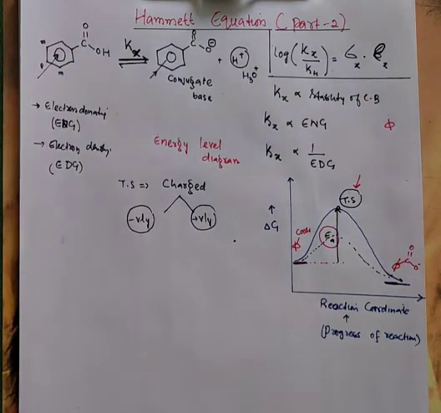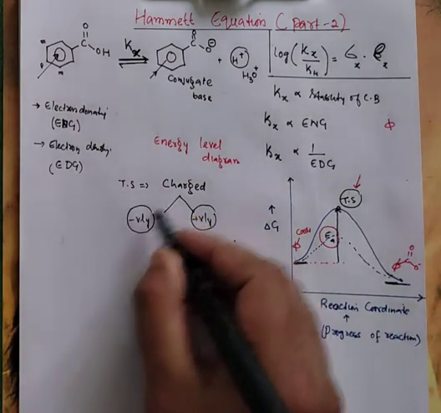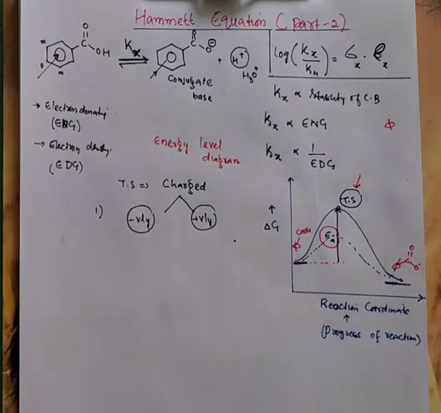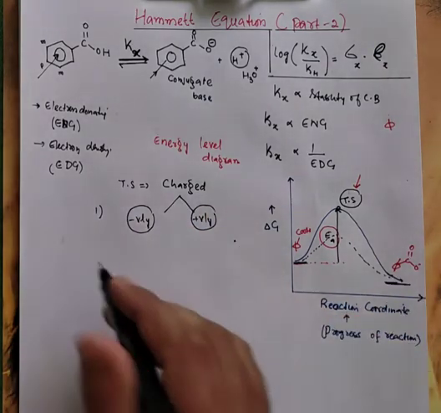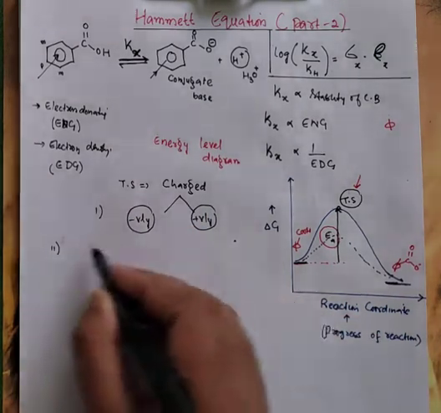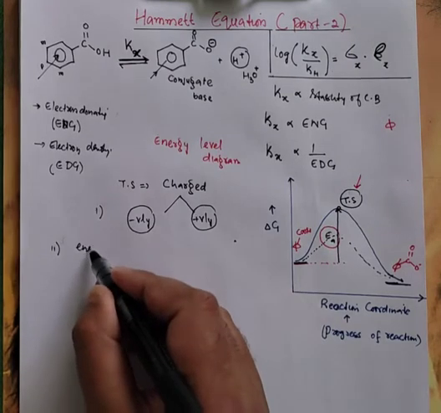There, bonds are partially broken and new bonds are partially forming. So it is a state that is either positively or negatively charged. Number one point: the transition state is charged, positively or negatively. Second, we have the energy barrier.